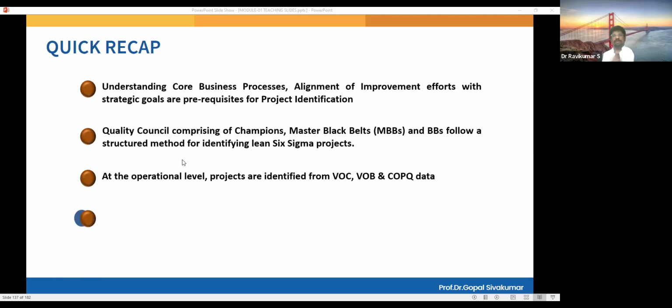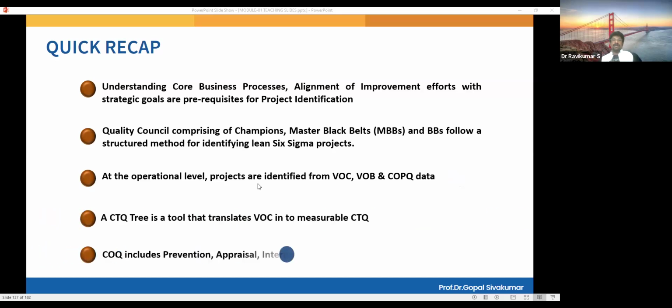So the hopper helps you to collect the projects through VOC, VOB, and COPQ. Okay, so altogether, the main thing which Lean Six Sigma focuses on is process effectiveness. The process effectiveness is affected by three categories: voice of customer, which helps you identify the ineffectiveness in the process, voice of business, and cost of poor quality.